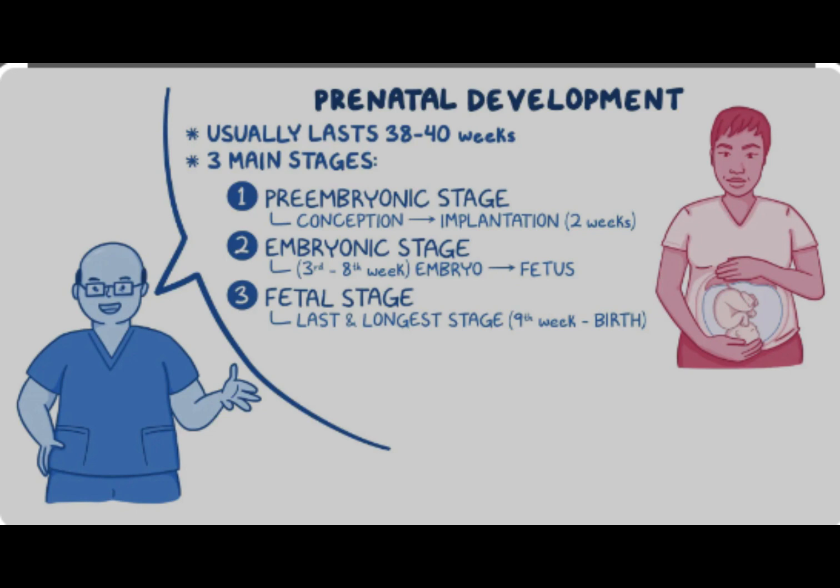The cells that will form the fetal heart begin to cluster around 5 to 6 weeks. The parts that will become arms and legs also form around the 6th week. By the end of the 8th week, most of the embryo's organs and systems take shape.